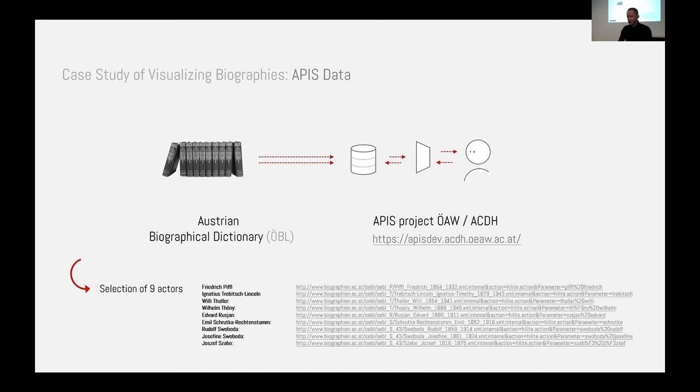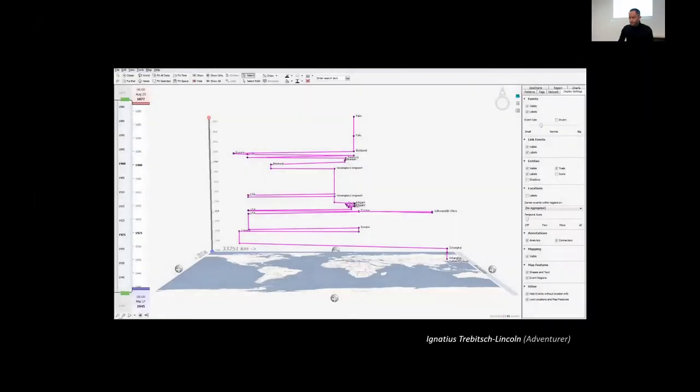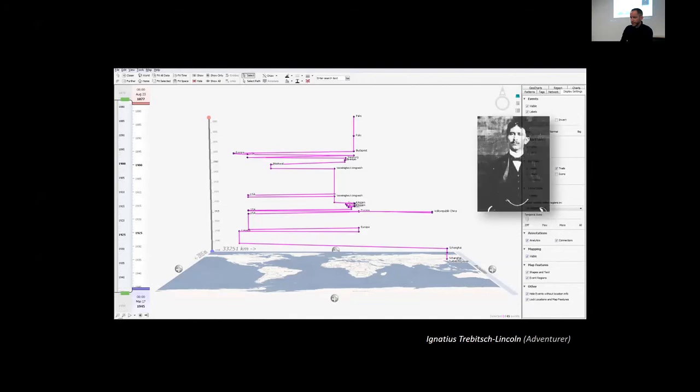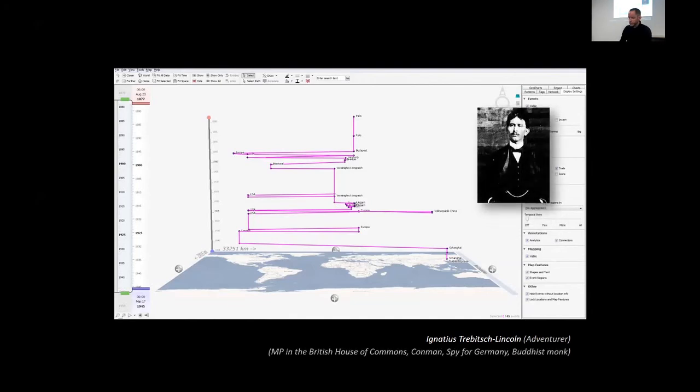Matthias and Maximilian and Christine Kuba supported us with this, and we were able then to really, for example, take the biography of an adventurer. He's Ignatius Trebitsch Lincoln. He was quite a unique Austrian character.